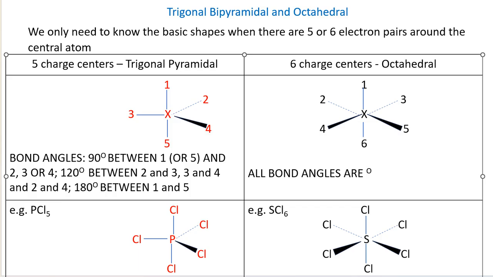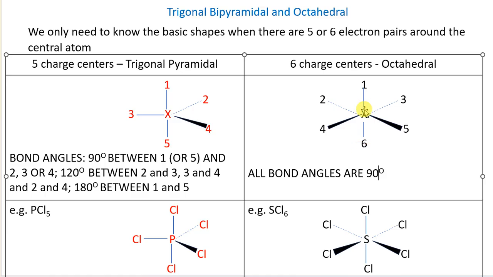Here I've marked all bond angles as 120. Let me correct that. All bond angles are 90 degrees. I can see it between whatever is in position 1 and any in position 2, 3, 4, and 5: 90 degrees. 2, 3, 5, 4 are all in the same plane, 360 degrees to go all the way around, so there must be 90 degrees between any of those. 5 and 6, 90 degrees again.